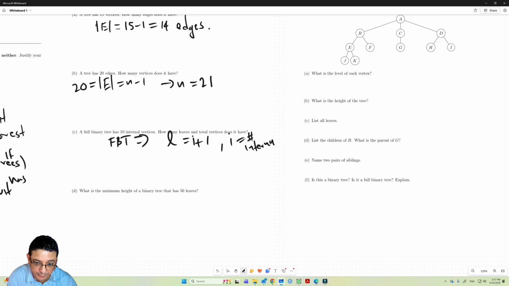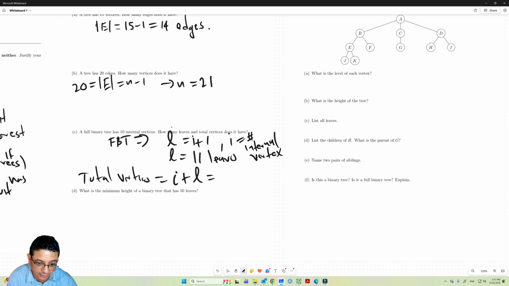In this case, because we have 10 internal vertices, we're going to have 11 leaves. Now the total number of vertices is given by the number I of internal vertices plus the number L of leaves, so 10 plus 11 is 21. That is the total number of vertices this binary tree has.